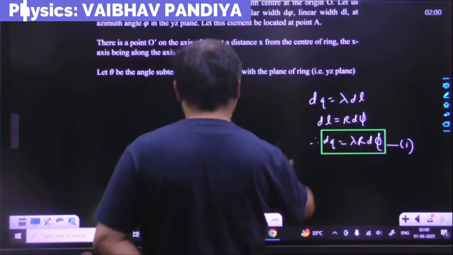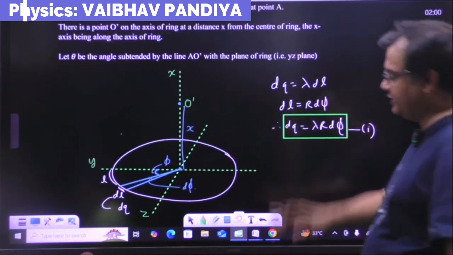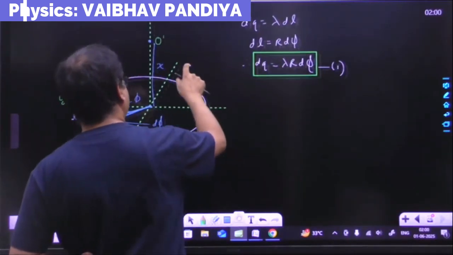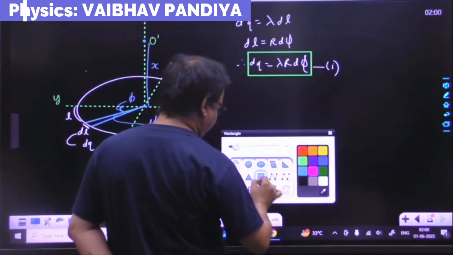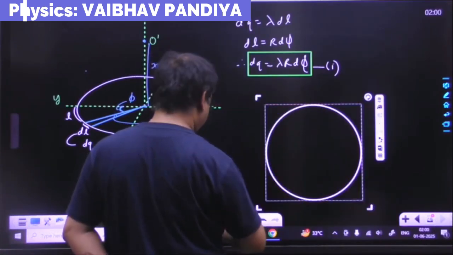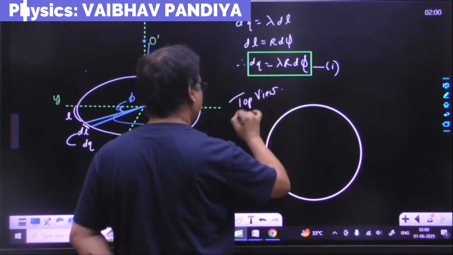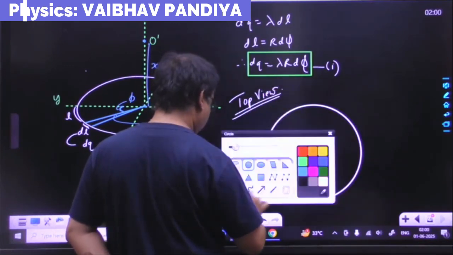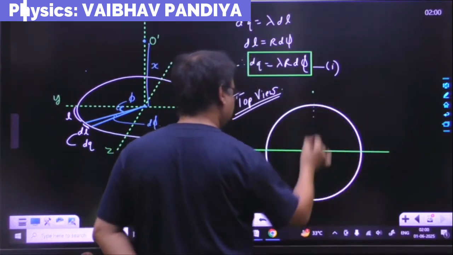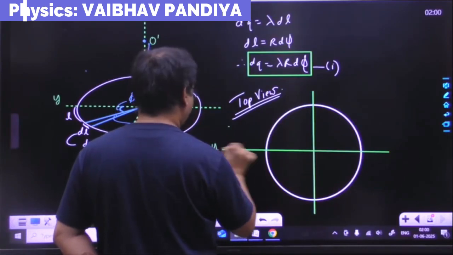Now see, when you want to find the field at O dash due to this element dq, this element dq can be treated like a point charge, correct? So if you make a top view, you will have a figure like this, as I told you in the previous segment about how to make the electric field.